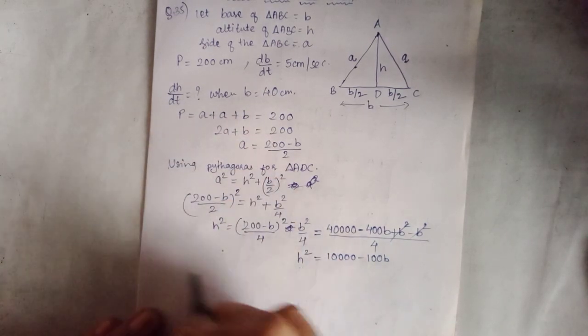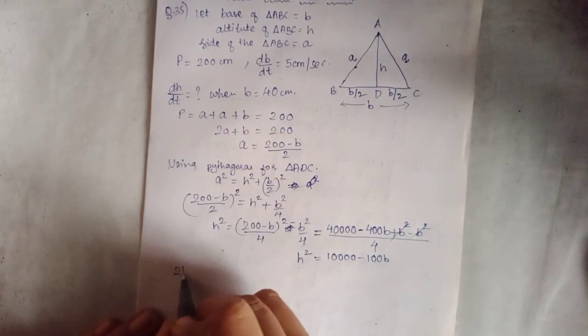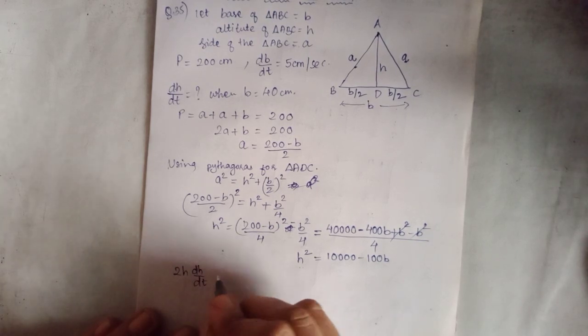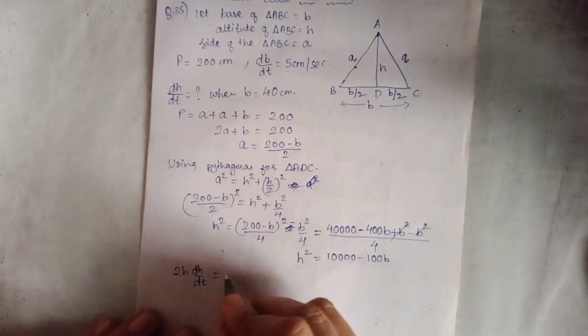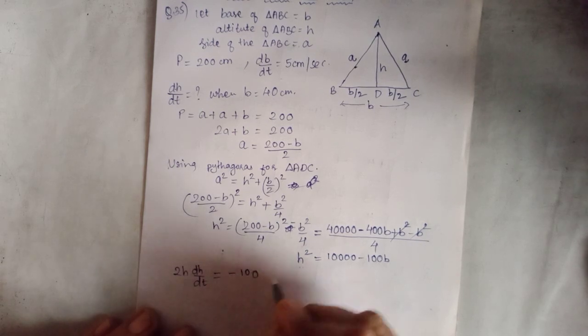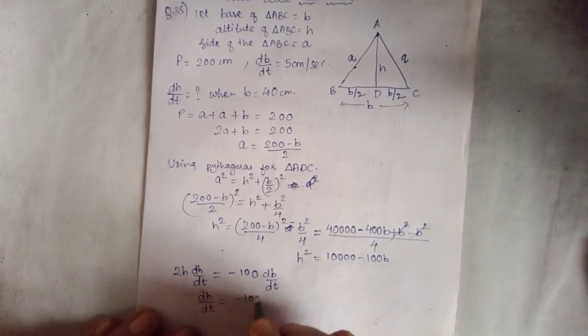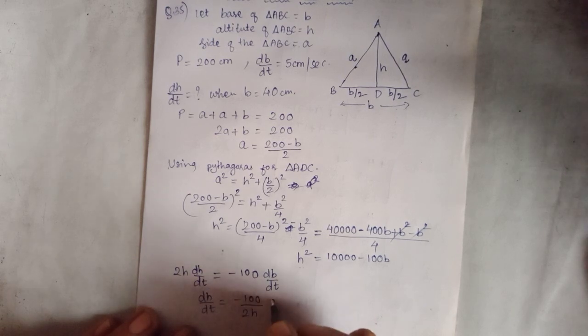So differentiating this: 2h dh by dt equal to, this is 0, this is minus 100 dB by dt. Okay, so dh by dt is minus 100 upon 2h dB by dt.